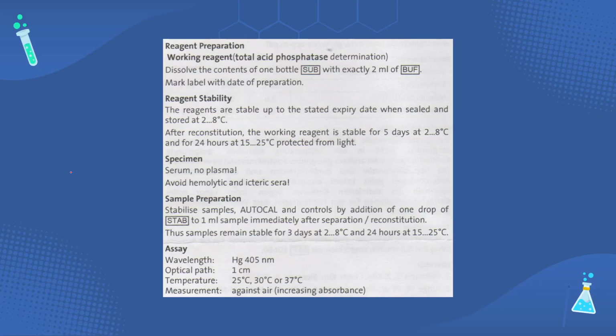So for your reagent preparation, we still need to prepare a working reagent also, but dito po, the way your Humalizer points out how you prepare your reagent is bottle na agad. You'll just have to dispense your buff reagent, placing it to 1 bottle of your sub.